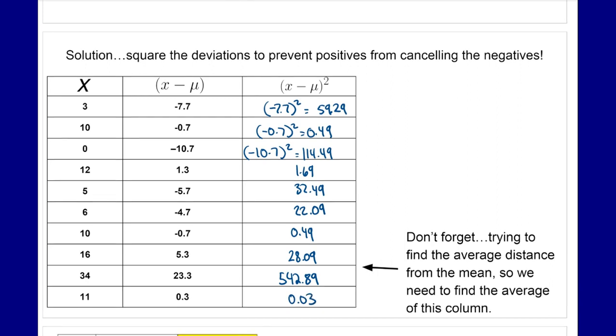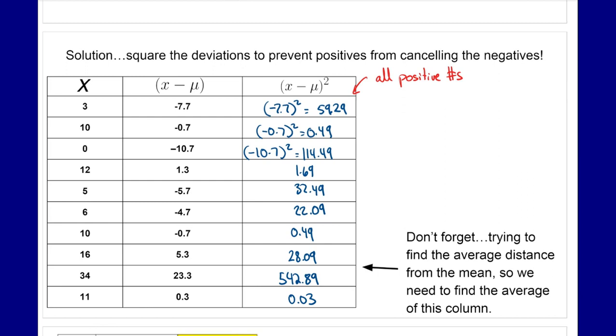One thing to note, that this entire column should all be positive numbers. That's the reason we're squaring it. If you're getting negatives, then chances are you're not putting brackets around it, because when you square a negative number, you should get a positive number. However, if you don't put brackets around it, your calculator might not include that negative and square the number and leave the negative out front.